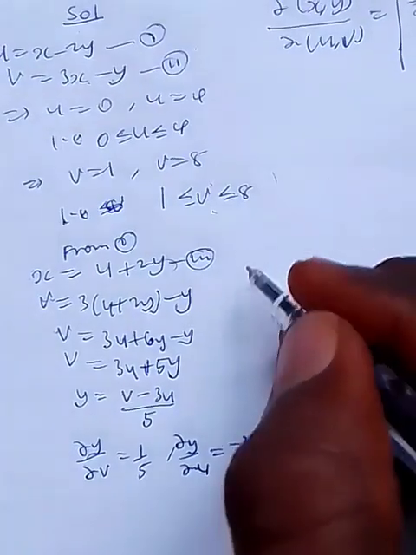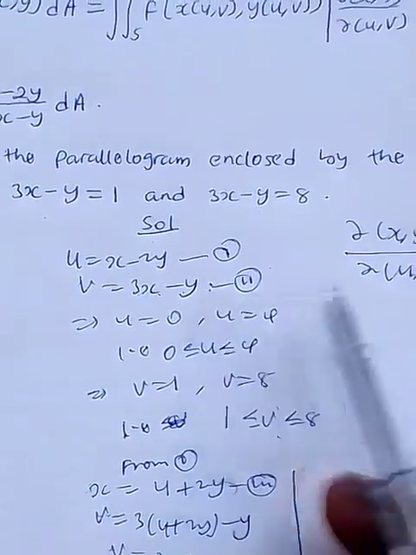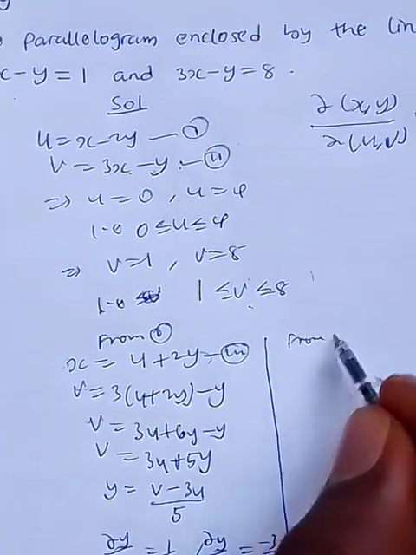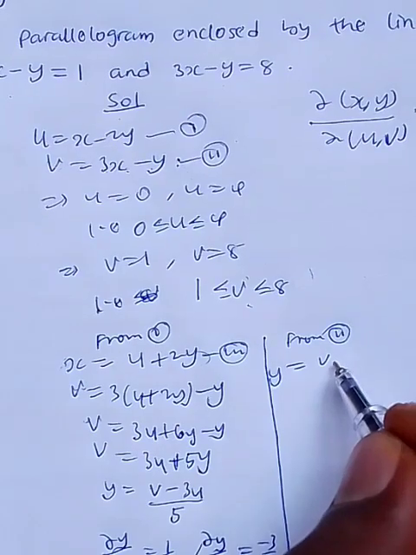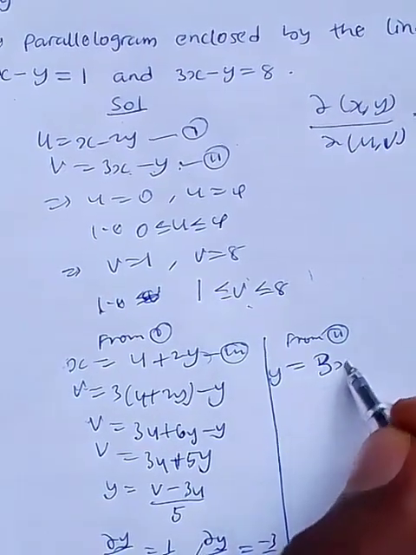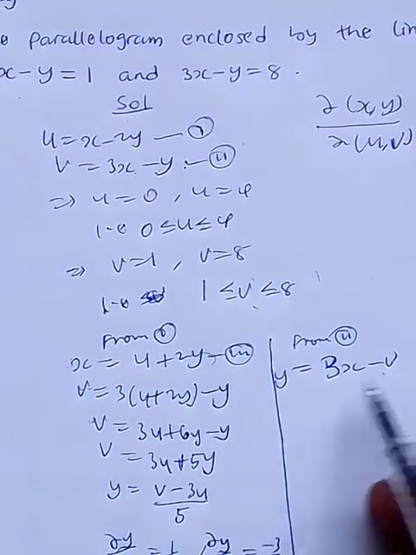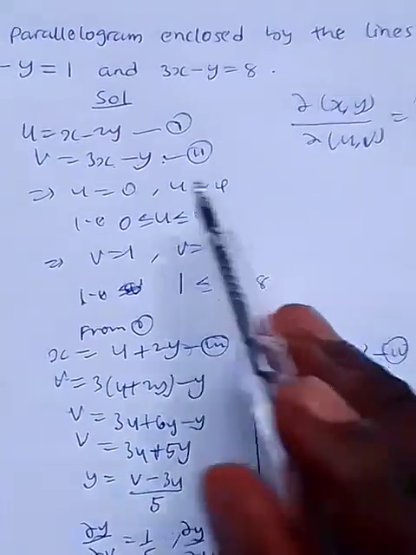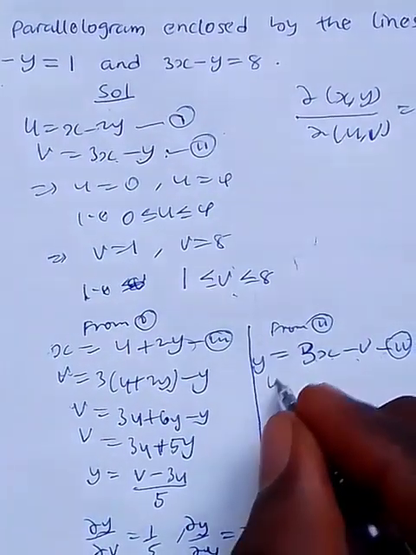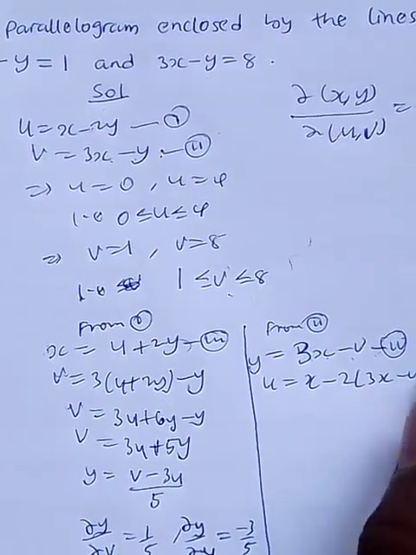We are going to do the same thing for x. So from equation 2, we have y equals 3x minus v. Let's call this equation 4. Substitute equation 4 into 1 now. So we obtain u equals x minus 2 times 3x minus v.